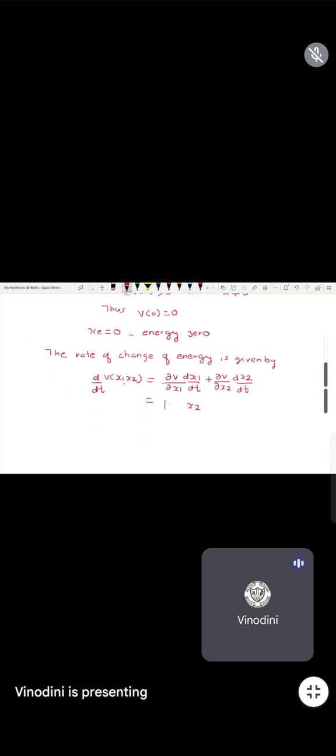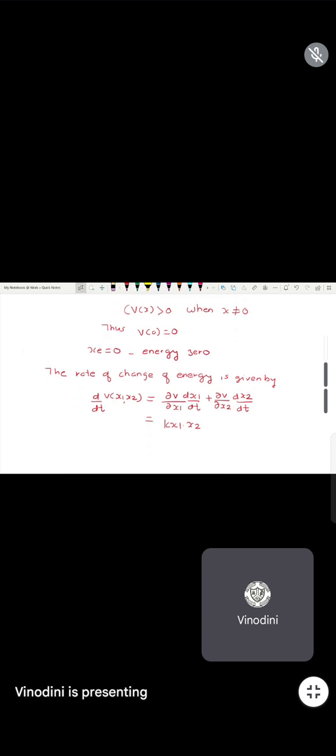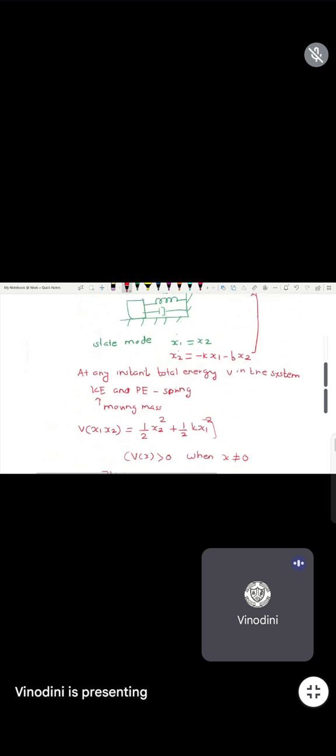Partial v by partial x1, the 2 gets cancelled and it gives you k x1. For the second, what is dx2 by dt? The whole equation, x2 dot, so minus k x1 minus f x2.